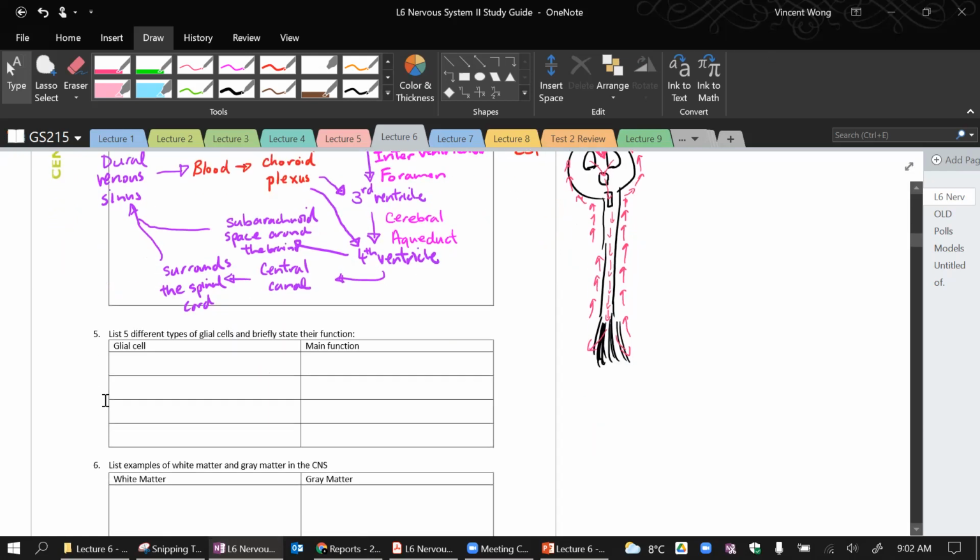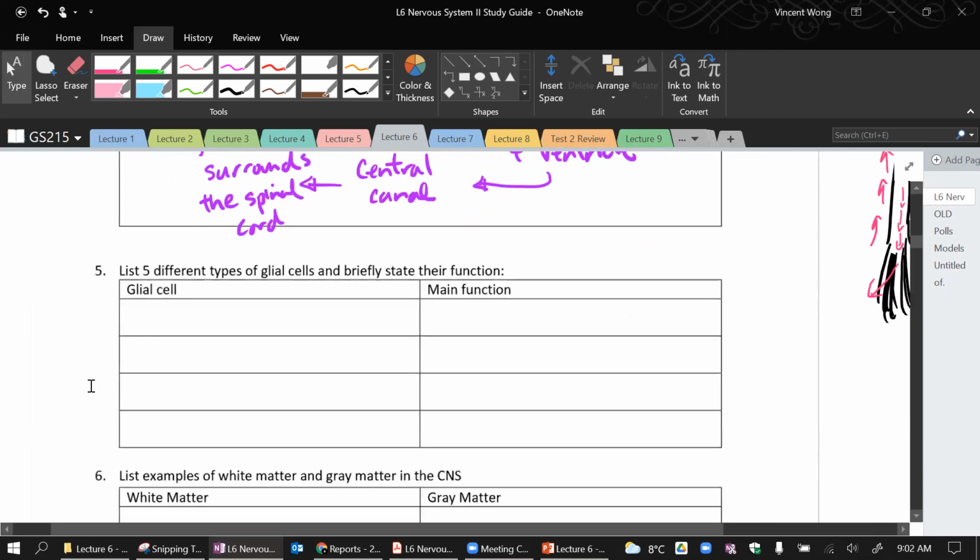Okay. Number 5, list 5 types of glial cells and briefly state their functions. So glial cells, in case you forgot, we learned that last class, are supporting cells of the nervous system.